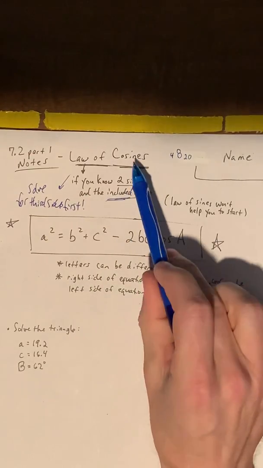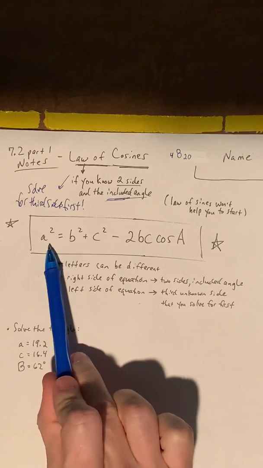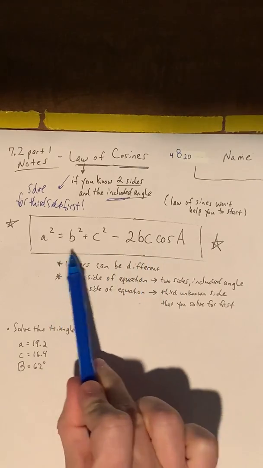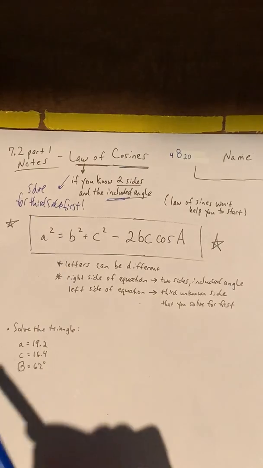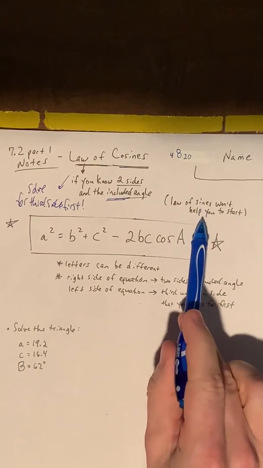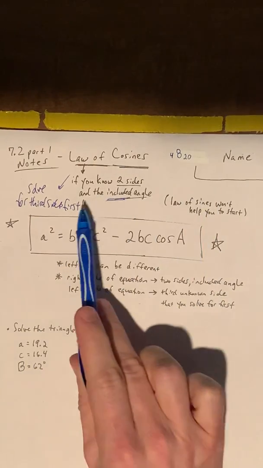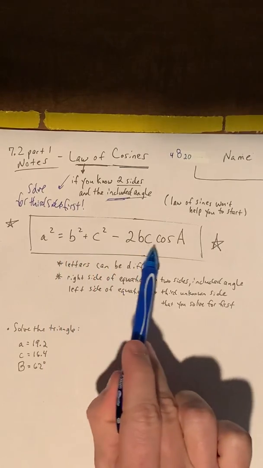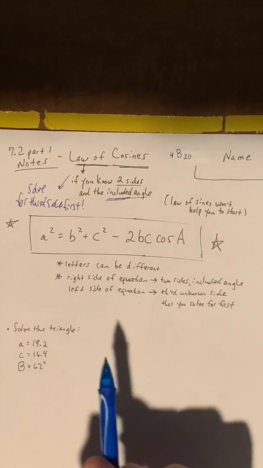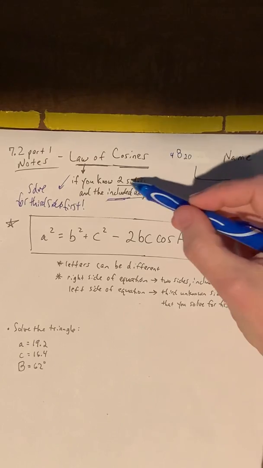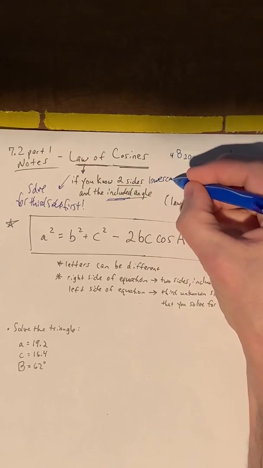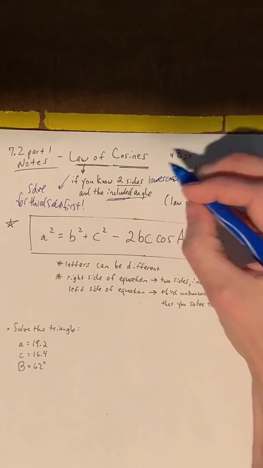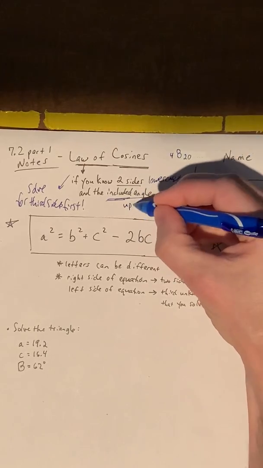So we're going to use the law of cosines, which is this equation right here in the box, and we're going to solve for the 3rd missing side. The law of sines can't help us do this. We have to use this equation, the law of cosines. Remember that the 2 sides are lowercase letters, and the included angles are always uppercase letters.